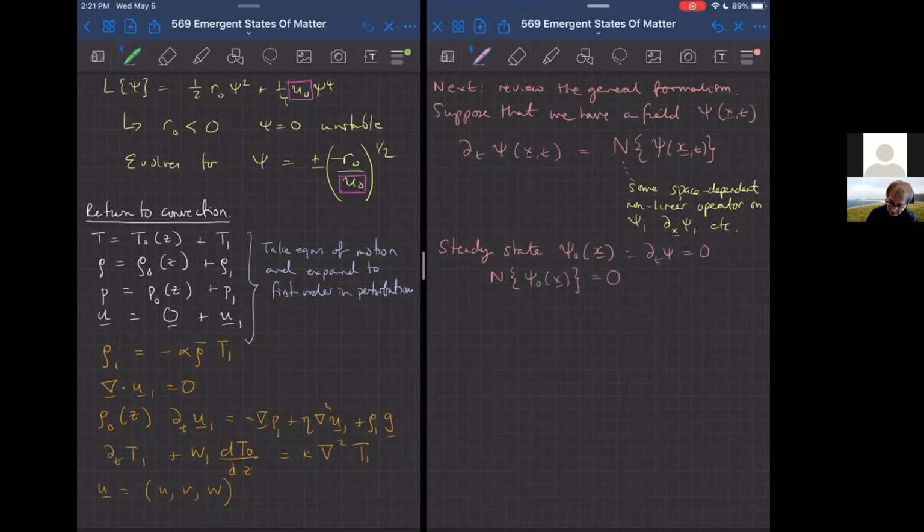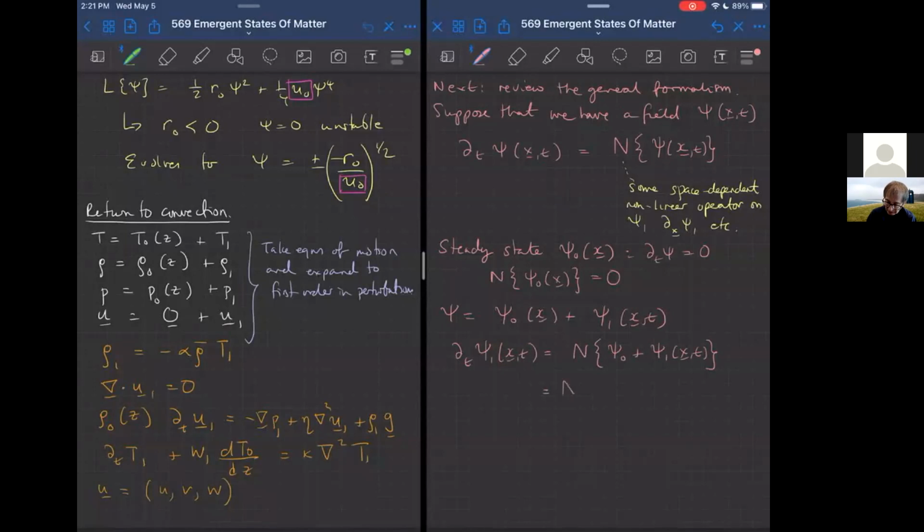Now let's write down some perturbation. We're going to say that psi is now psi naught of x plus psi 1 of x and t. Then the equation of motion for psi 1 is going to be the nonlinear operator acting on psi naught plus psi 1, and we're going to write that down by expansion.